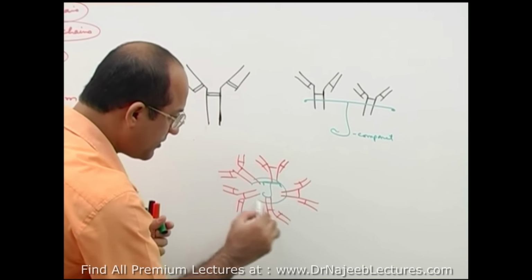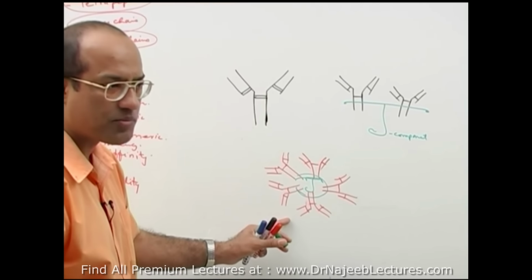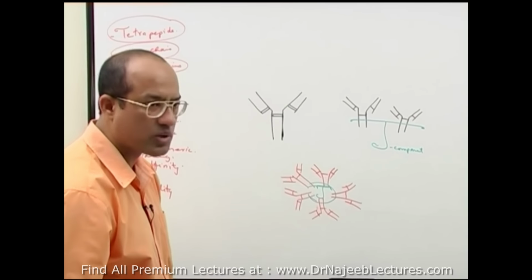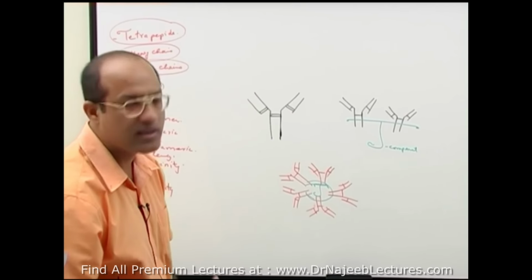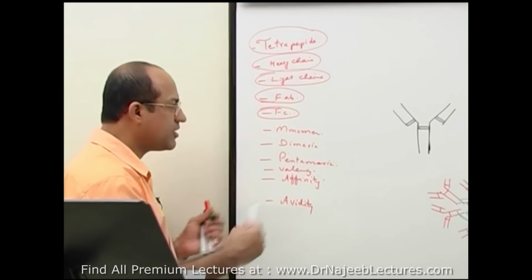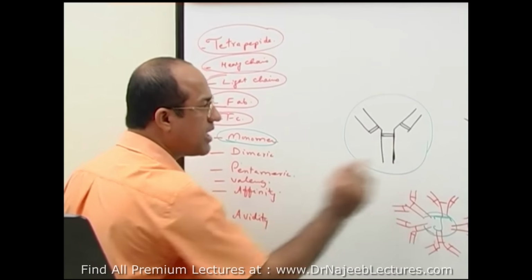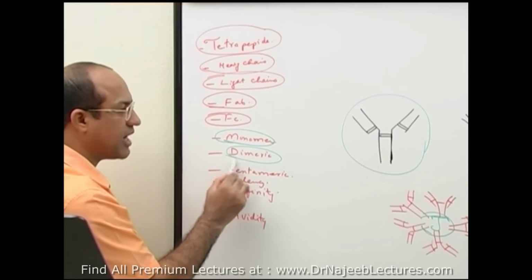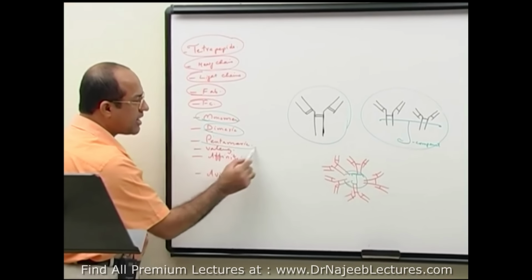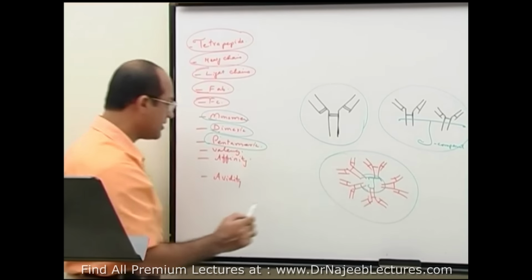It is holding 5 chains together. So we call it pentamer. This is this type of grouping of the antibody molecules, in which 5 monomers are together and held together by the J chain. This is called pentamer. So when I say that this antibody is monomeric, it means this antibody exists in this form. If I say there is another antibody which exists in dimeric form, it means it exists in this form. And if I say that a particular antibody group is pentameric, it means it is existing in this form.